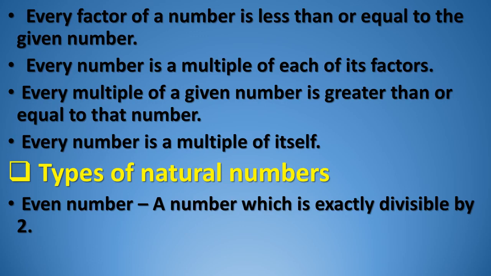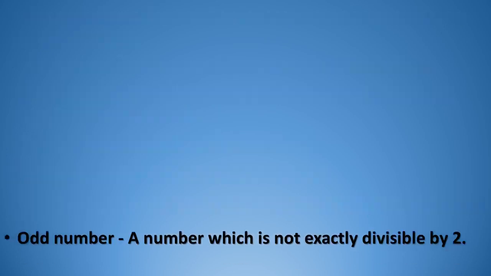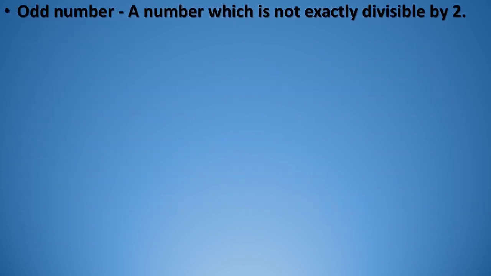Odd number: a number which is not exactly divisible by 2 is called an odd number. Or we can say that if the ones place is 1, 3, 5, 7 or 9, then the number is called an odd number.